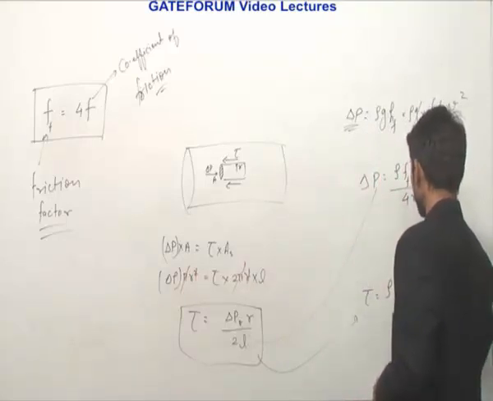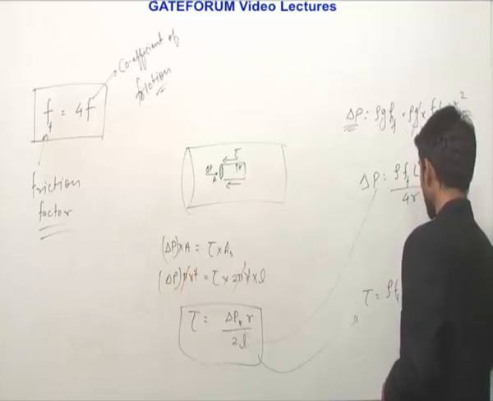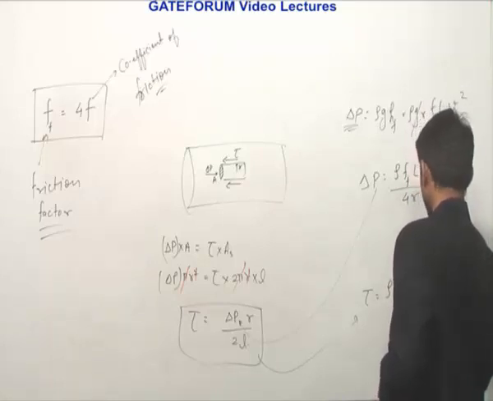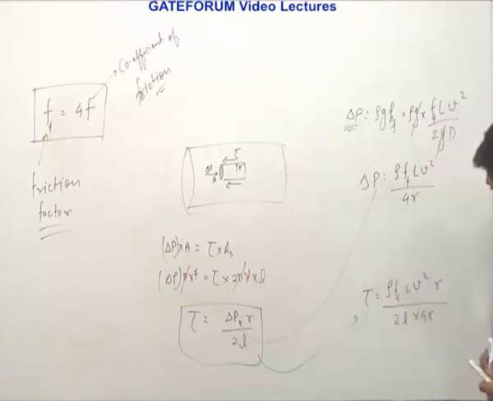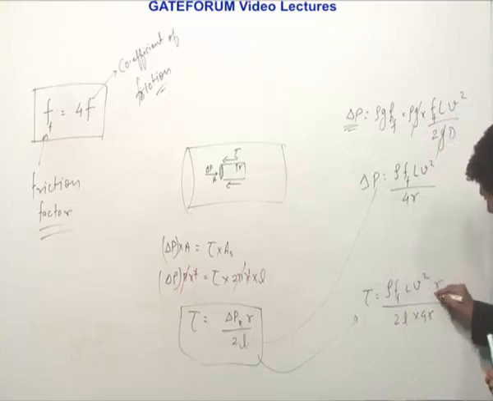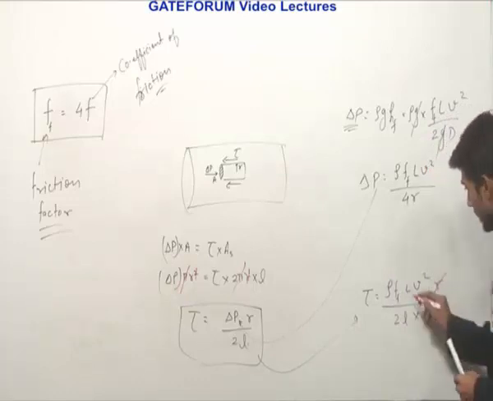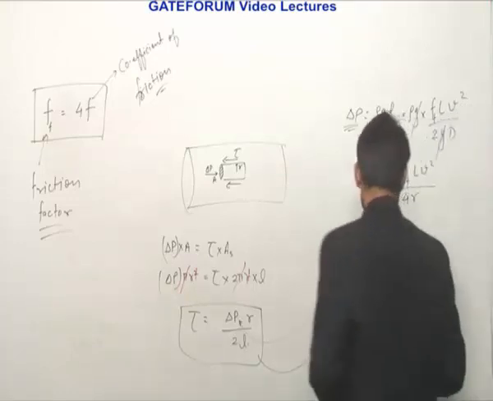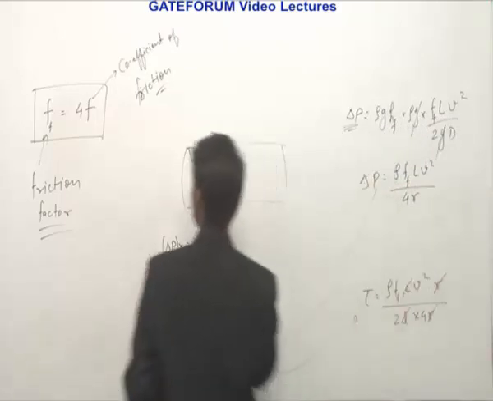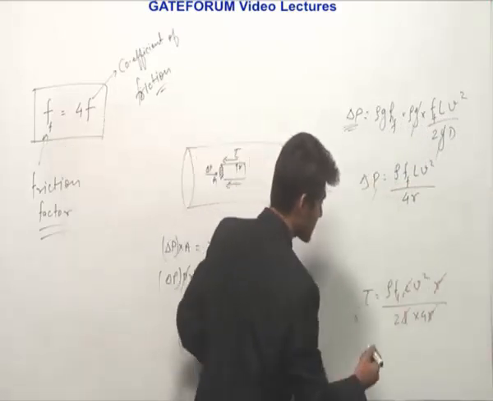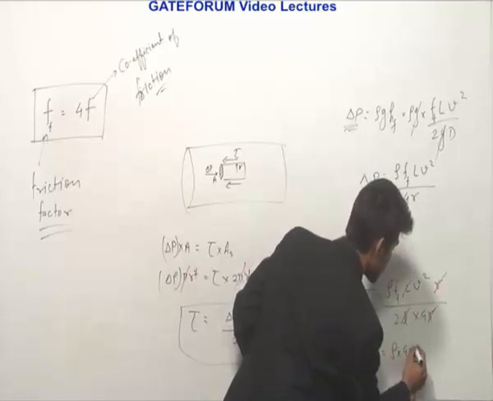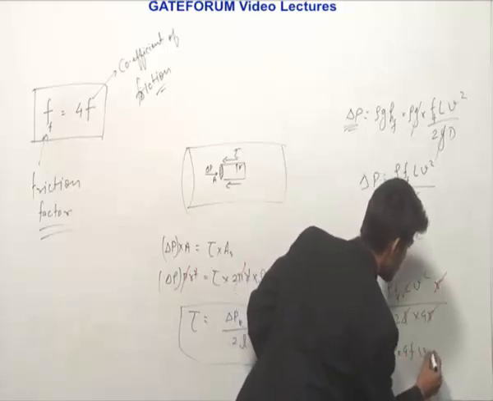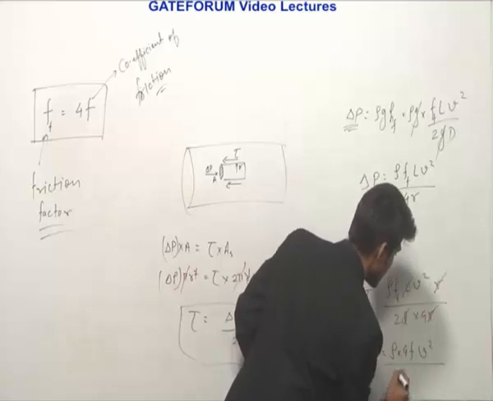into f multiplied by L into V square dot r divided by 2L into 4r. From here r and r get cancelled and L and L get cancelled, and as we know friction factor is 4 times the coefficient of friction, so tau will be equal to rho into 4 times f into V square divided by 8.